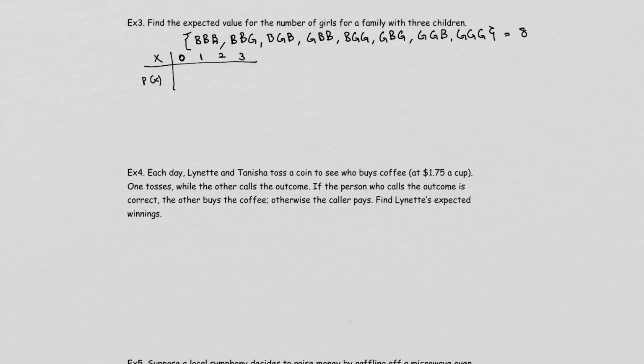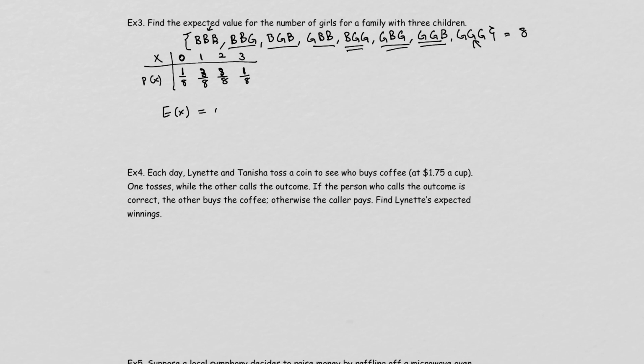Probability of getting 0 girls, you have 1, which is 1/8. 1 girl will be 1, 2, 3, so it will be 3/8. 2 girls, 1, 2, 3, so 3 over 8. And having 3 girls will be another 1 over 8. When you add these numbers, it should be all 8, just the numerators adding.